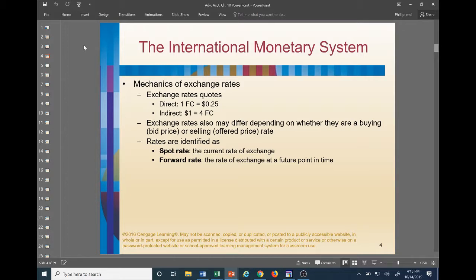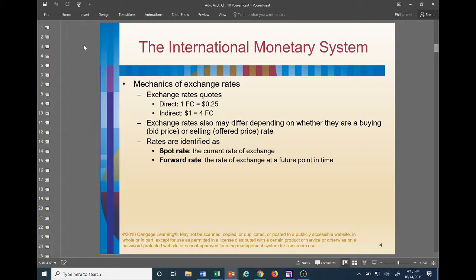So indirect quotes, also known as European terms, measure how many units of a foreign currency will be received for 1 unit of the domestic currency. So if we look here at the mechanics of exchange rates, the exchange rate quotes, the direct, we're going to see one foreign currency is equal to 25 cents of the dollar. The indirect quote is going to be $1 equals 4 foreign currencies.